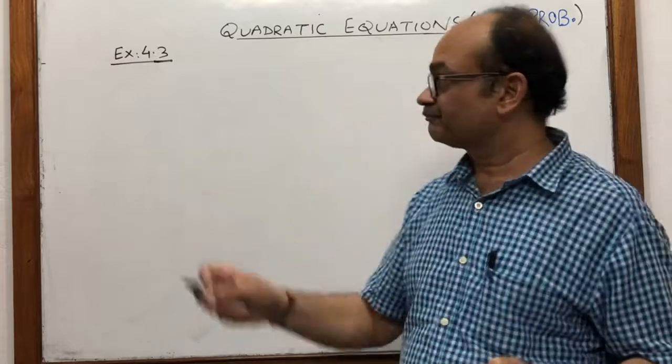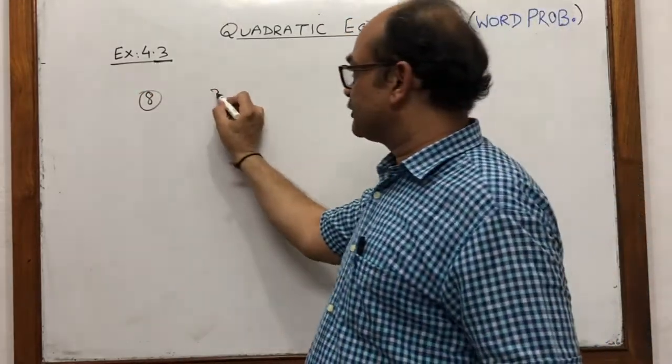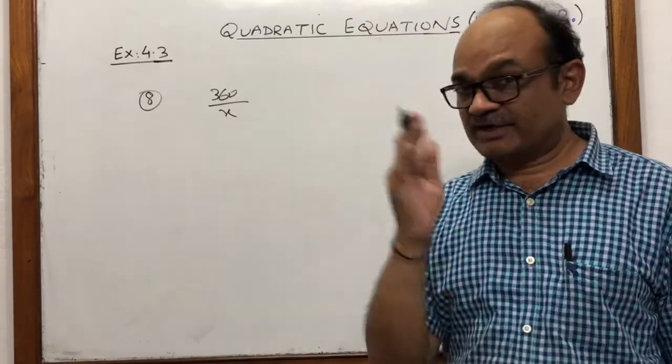Now 8th. A train travels 360 km with a uniform speed. Let the speed be x. So what is time?